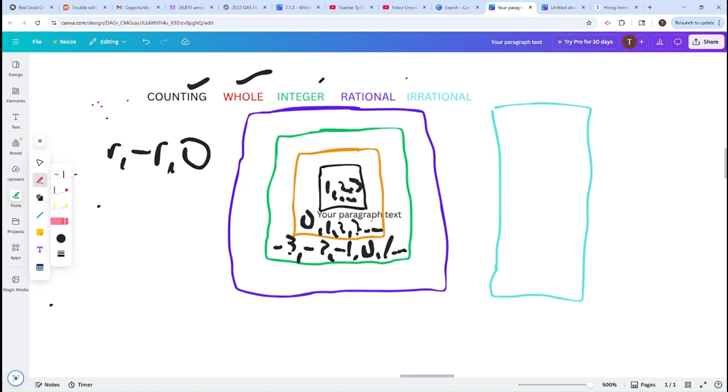One of those little nuggets is in rational numbers. A rational number is quite simply an answer to a division problem. Now remember, I said a fraction is a division problem.